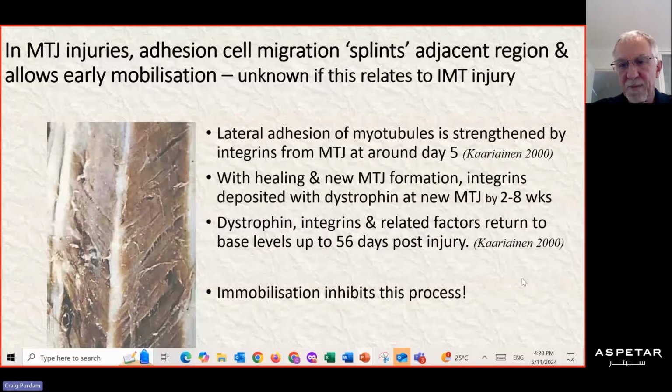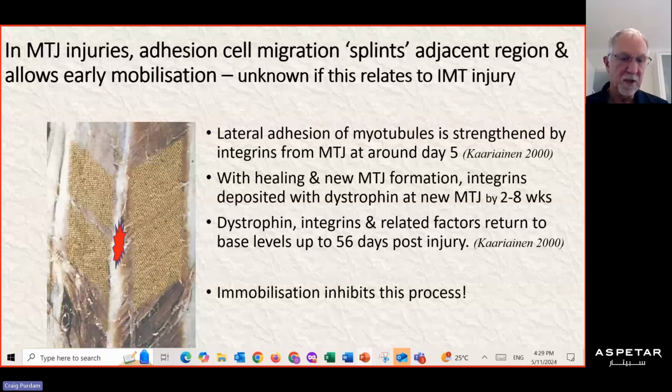What has made less of the headlines is attached to that group is Karainen's work, where if we do get, and I've actually modified this to what may occur in intramuscular tendon injury, where we have our lesion, of course this becomes unstable, but then in either myotendinous unit injuries or myoaponeurotic injuries or intramuscular tendon injuries, there's a change in the shearing that goes on between all of these myofibrils.